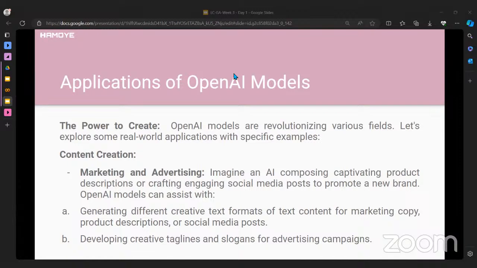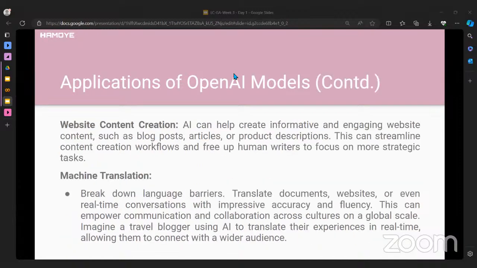We also have website content creation. Moving to digital platforms, AI's role in website content creation is very pivotal. It helps produce blog posts, articles, and product descriptions that are not only informative but also engaging.